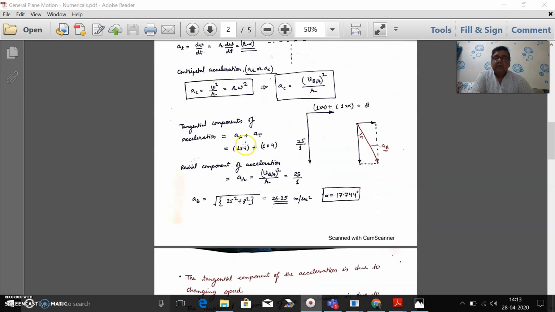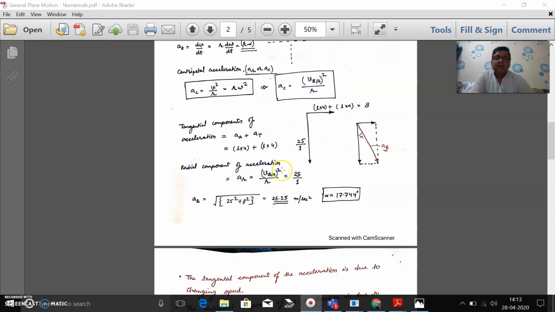Okay, so let us try to calculate it. In this same manner only I had calculated. This is the normal acceleration or centripetal acceleration, velocity of B with respect to A whole square upon R, it is 25, and on the horizontal side it is 1 into 4 plus 1 into alpha, again it is 4.